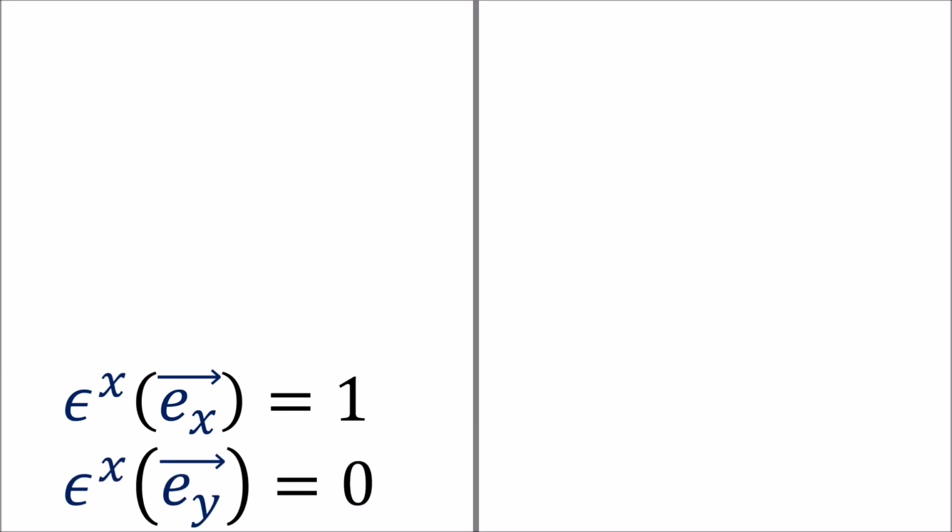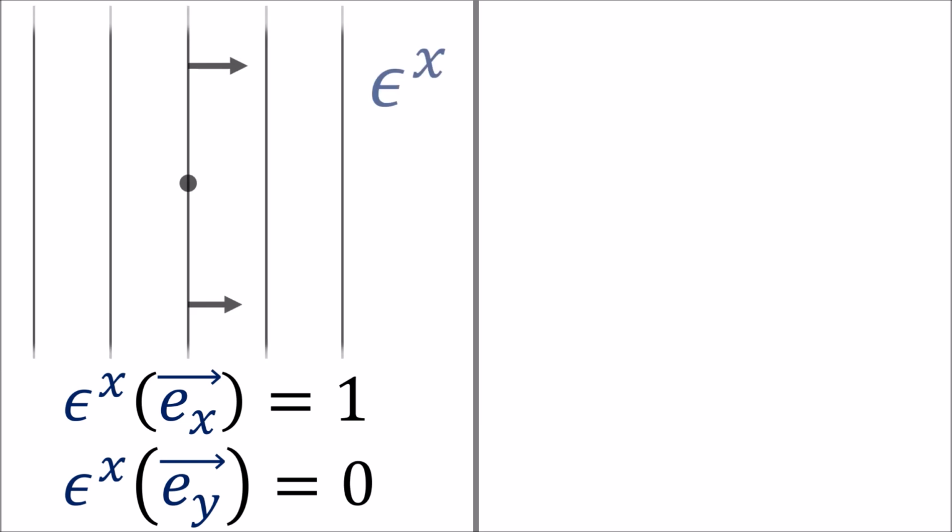The dual basis vector epsilon x is defined in such a way that when it acts on ex, we get 1, and when it acts on any other basis vector in the same basis, we get 0. So this means that the covector epsilon x looks like this. Ex pierces one stack line and Ey doesn't pierce any stack lines.